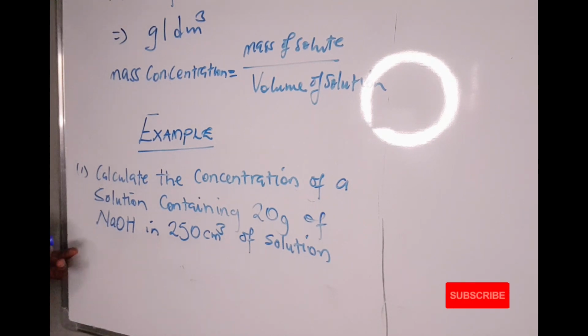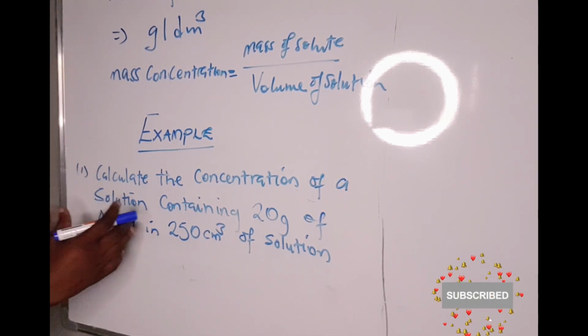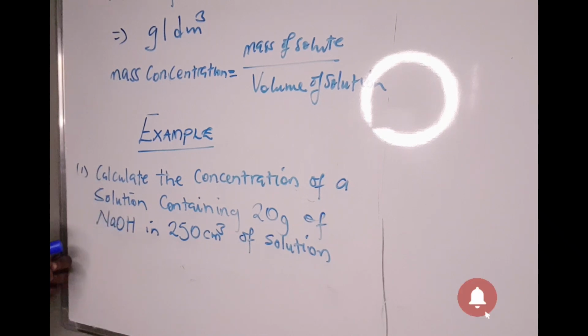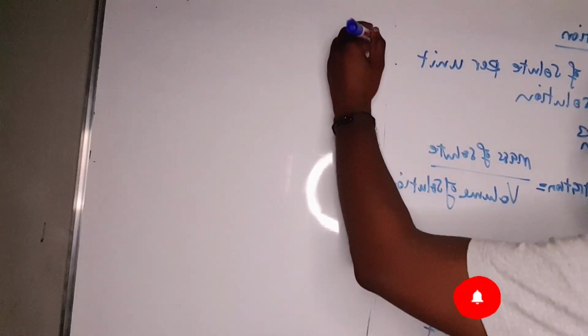What we are calculating here is mass concentration. We are not calculating molar concentration. Yes, it is very easy to calculate molar concentration just by looking at the information we have, but what we are concentrating on is how we can calculate the mass concentration given the mass and the volume. So we write our data.